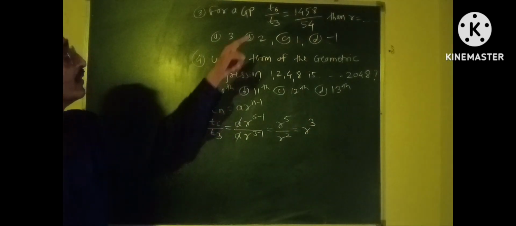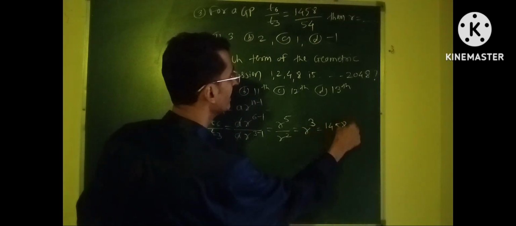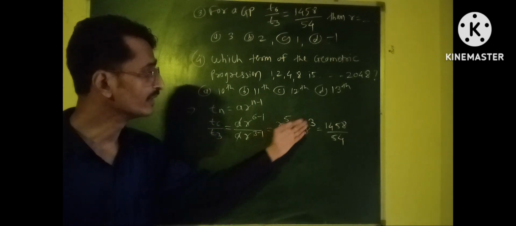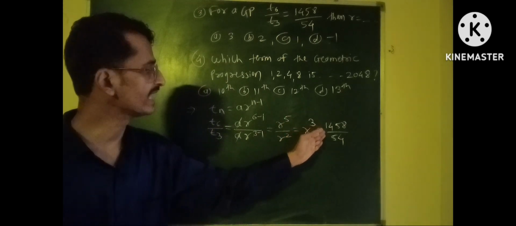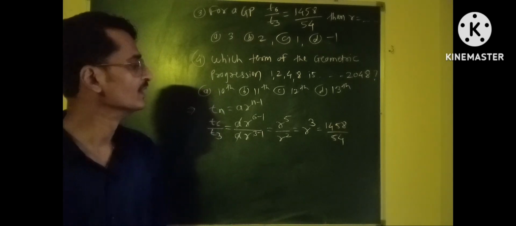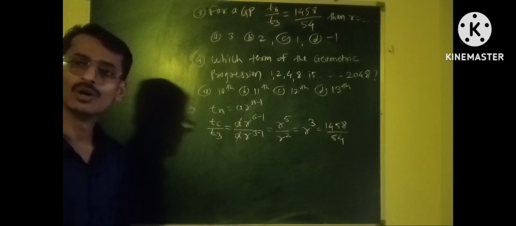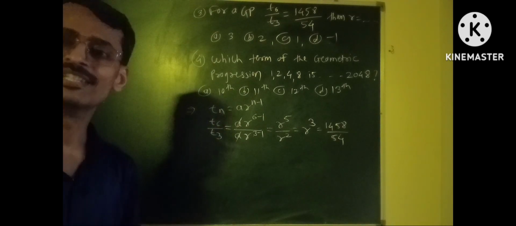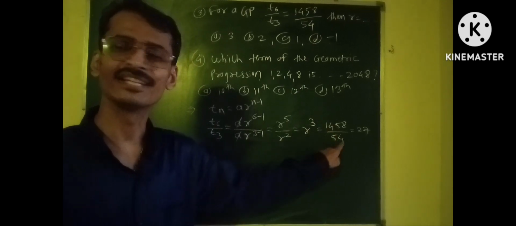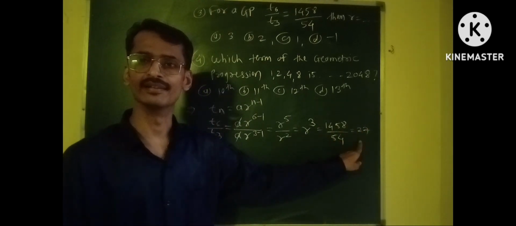Okay. Now what is given? This is 1458 upon 54. So here now divide this, write this as some number raised to 3 if possible, then we can compare. So how we can divide here? Either divide by 2 or 4. So try this. Okay, so what is answer? Answer is 27. Now r cube is 27.